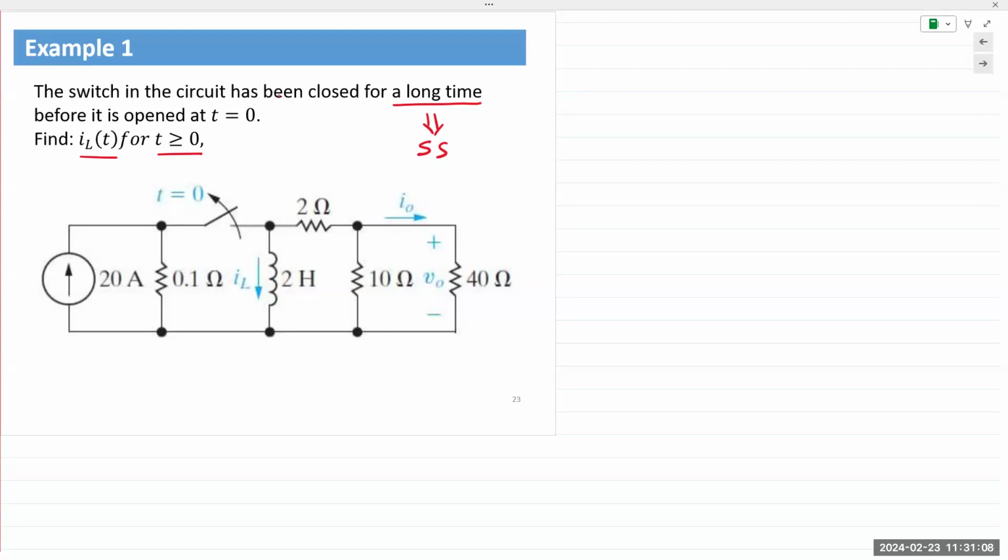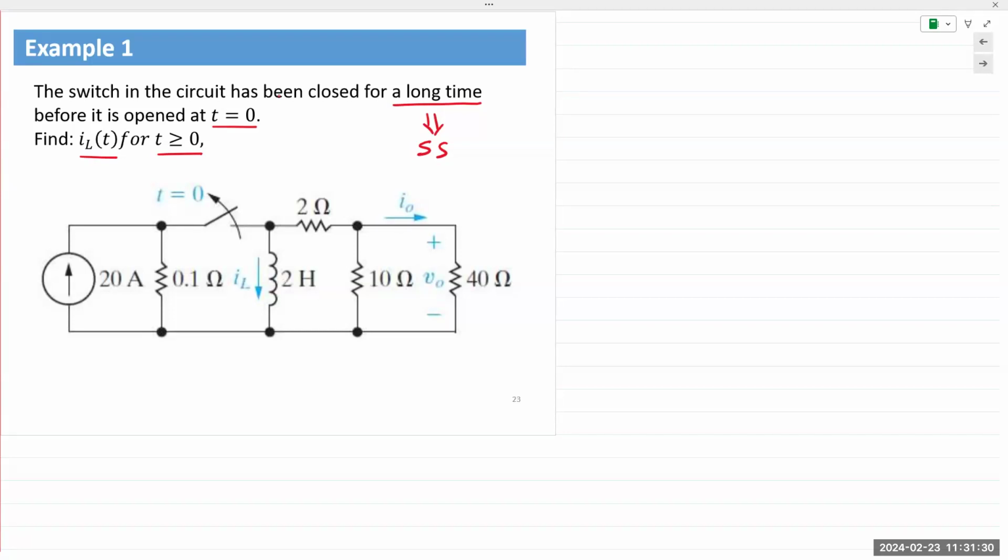Second thing is the switch is opened at t equals 0. We are asked to find inductor current as a function of time only for the t values greater than or equal to 0, which means we are not concerned with the inductor expression in the past.